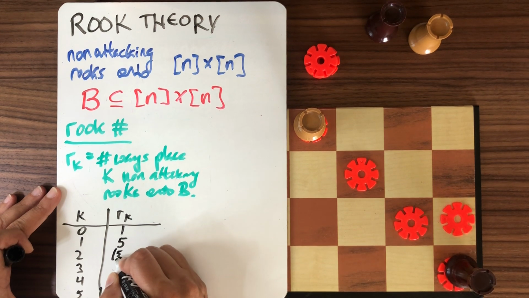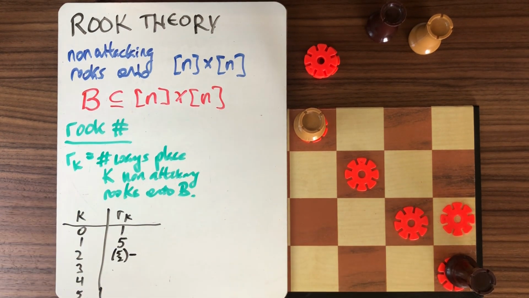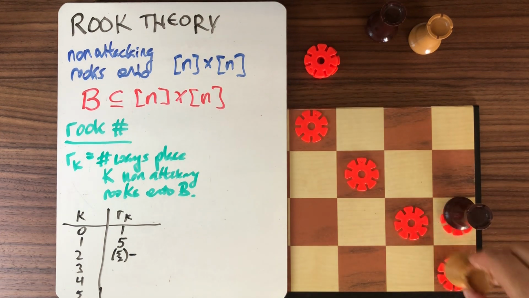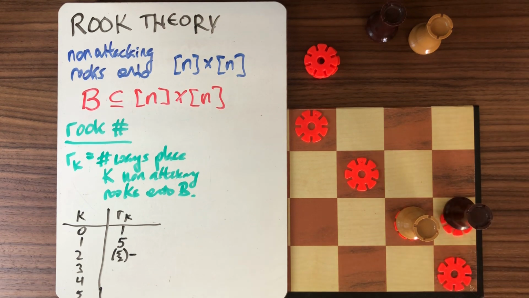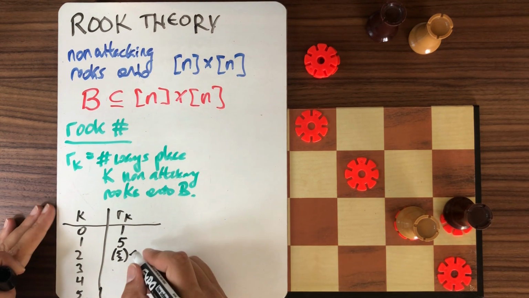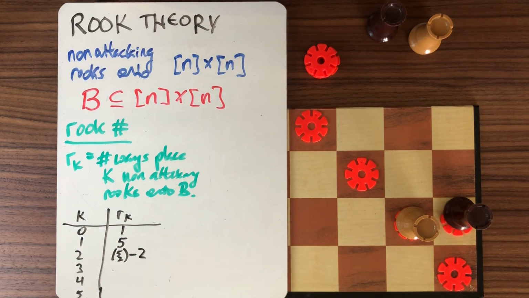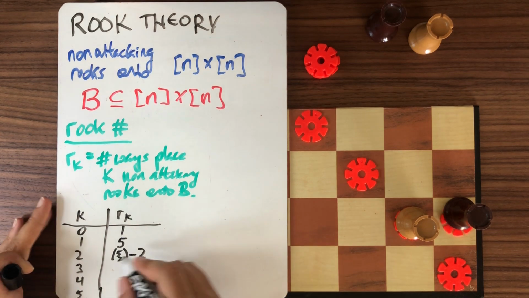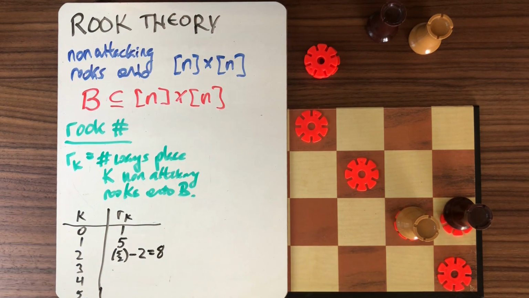But what do I not get to do? Well, I can't put the 2 rooks here and here. That would definitely be a problem, and I can't put them here and here. So other than those 2 solutions, everything seems to be fine. Those are the only 2 that aren't going to work out for this particular example. So 10 minus 2 is 8.